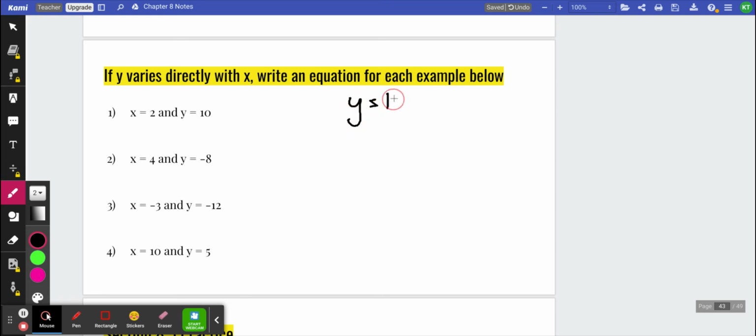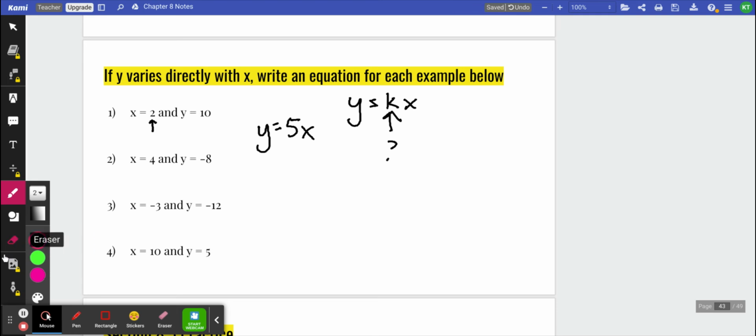So y equals kx, where I have to find what I am multiplying x by to get y. My first example: 2 times what gives me 10? We should know that it's 5, so my equation there would be y equals 5x.